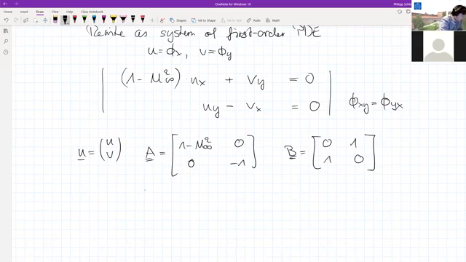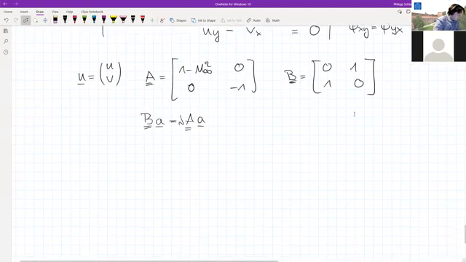And now I just need to solve the eigenvalue problem that I have written up before, namely this one here: B times a is lambda A a. And then once I have solved it, I need to look at the eigenvalues and eigenvectors and then determine whether the system is hyperbolic or whatever.